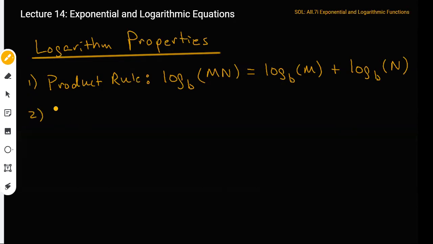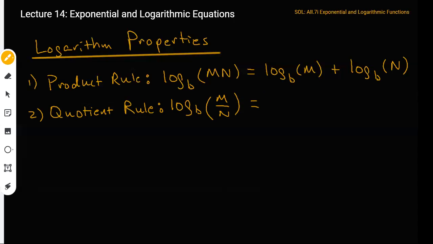And then there is the quotient rule. That's the second one we're going to learn today. The quotient means we are doing what? Not multiplying, but dividing, right? So if we're dividing on the inside, how are we going to break this up? Can you predict how we're going to do it?